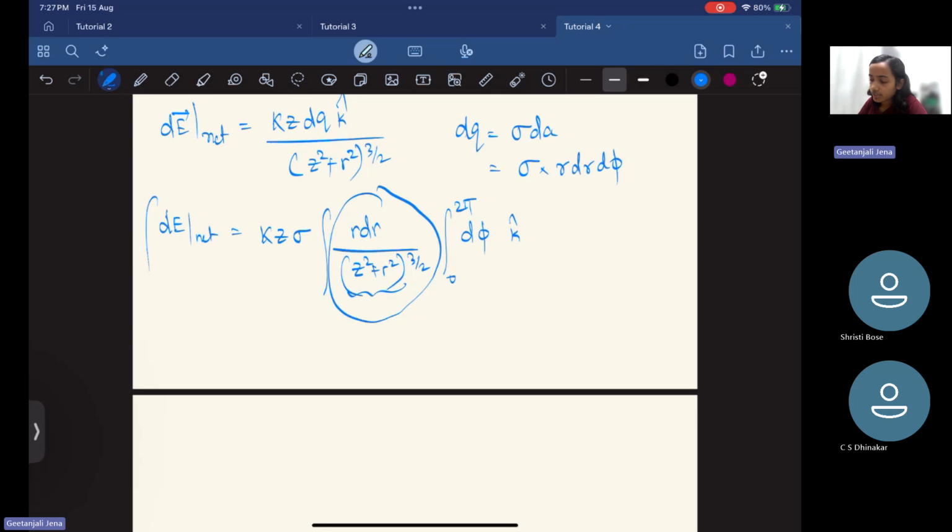You just need to take z square plus r square as some variable t square, and from that make the substitution to find the answer. And this will give a 2 pi term. So this will be k z sigma 2 pi, and we have minus 1 by t, which is the square root of r square plus z square.